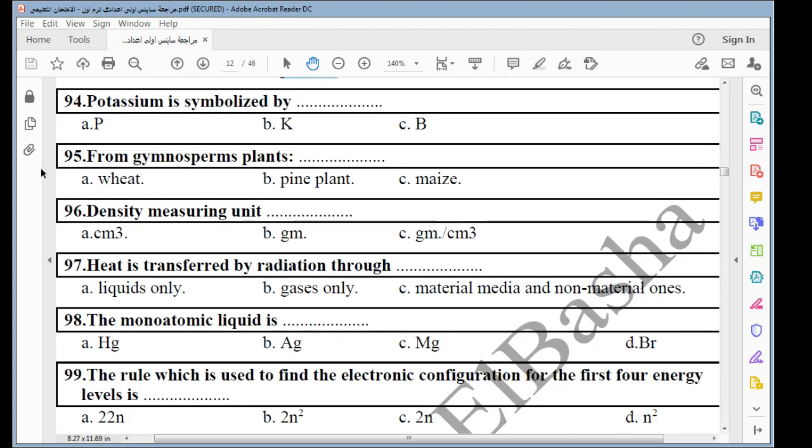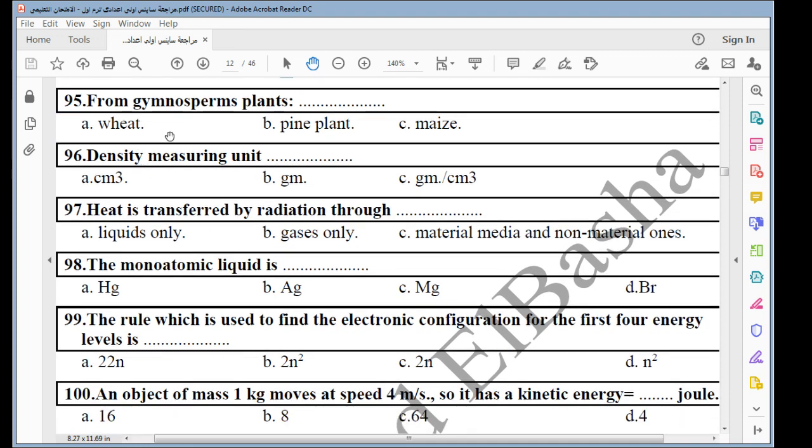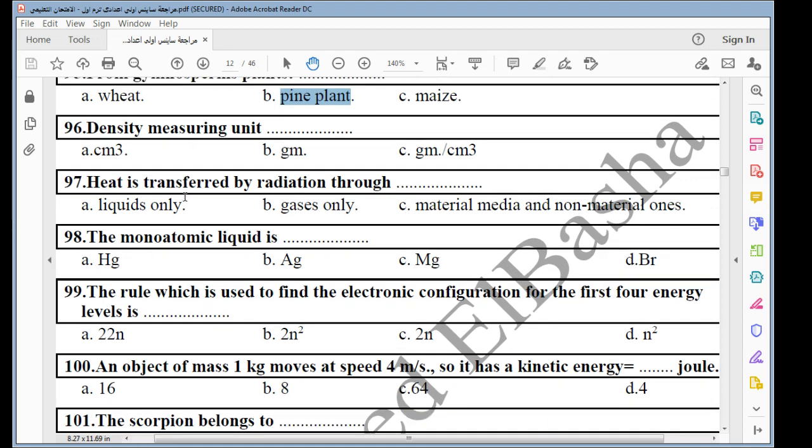94. Potassium is symbolized by K. From gymnosperms plants, the vine plant. 96.